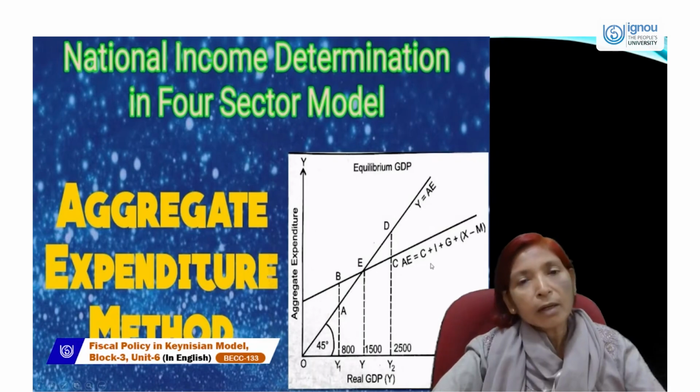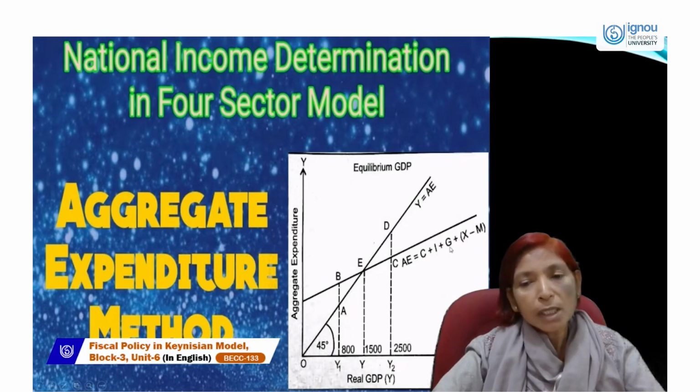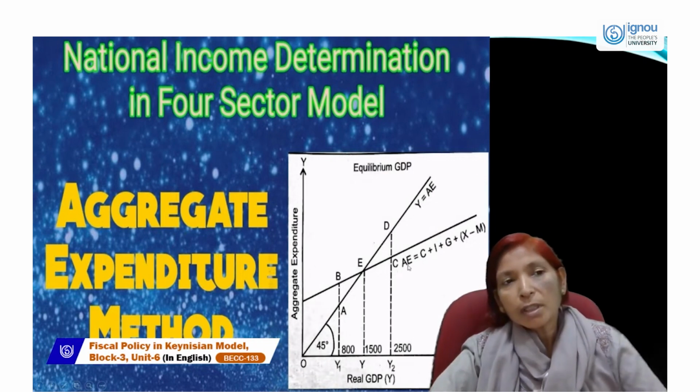In a two-sector economy, we will take only C plus I. In a three-sector economy, we will take C plus I plus G. And in a four-sector economy, C plus I plus G plus net export. If we take all these components together, then it will be called aggregate expenditure or aggregate demand.